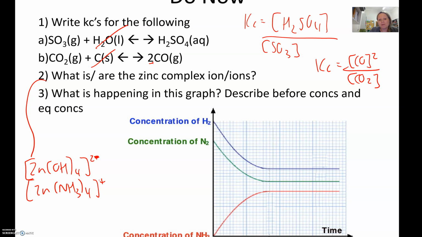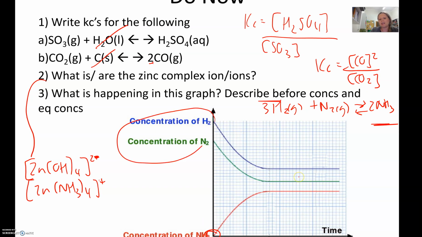Describe the before and after concentrations. So if you look here, what I'm trying to get at is that this reaction is 3H2 gas plus N2 gas goes to 2NH3, so this is the Haber process, and NH3 is the product. You start with no product, you're starting with reactants.